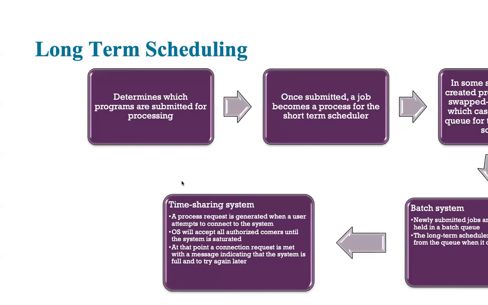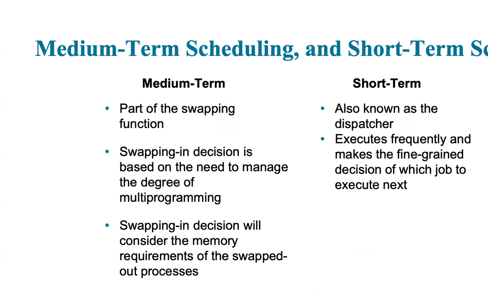So then this is some more detail about these different things. The long-term scheduler determines which programs are admitted to the system for processing. Thus it controls the degree of multi-programming. Once admitted, a job or user program becomes a process and is added to the queue for the short-term scheduler. Here we have the medium and short term.